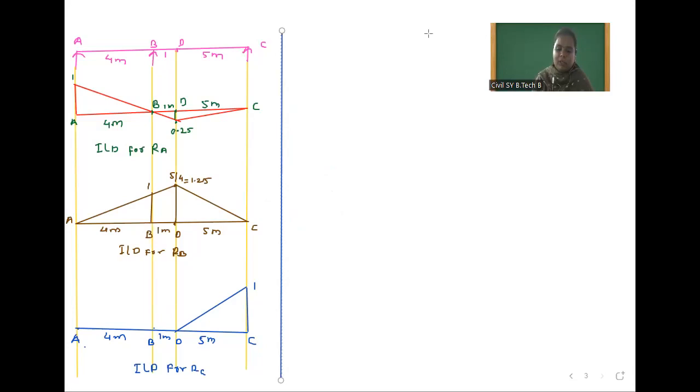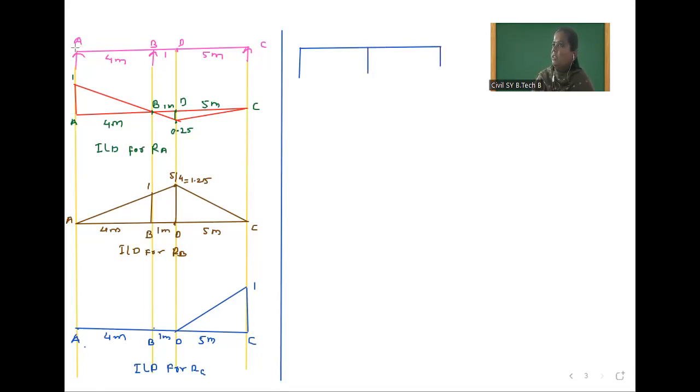Okay, so first I will draw here original figure. And now here two possibilities are there.